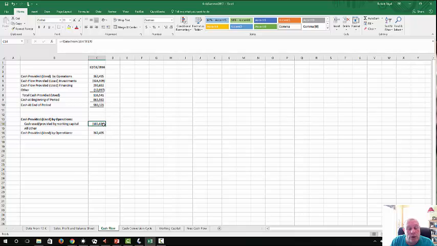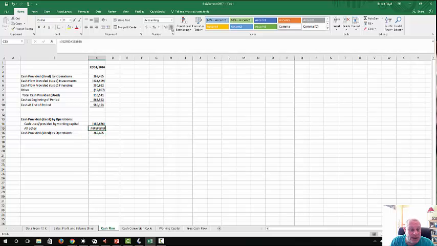So that's going to tell us that we used working capital. So money needed to come in to the company for its growth to get to that level of sales. So if 362 was the total cash provided, and we used 185, it's the sum of these two that were provided.